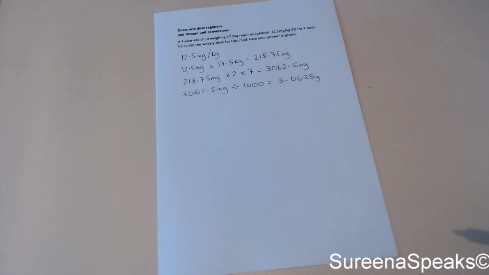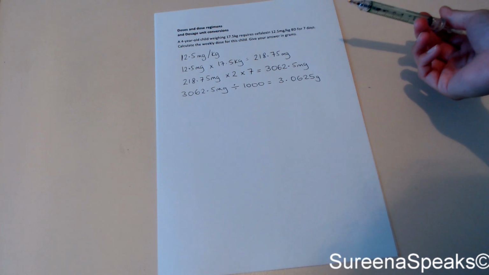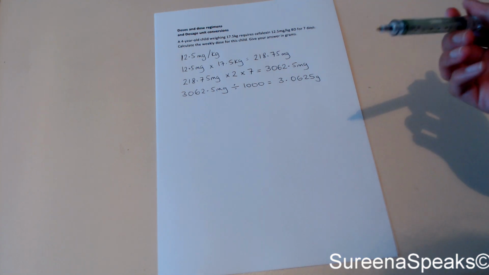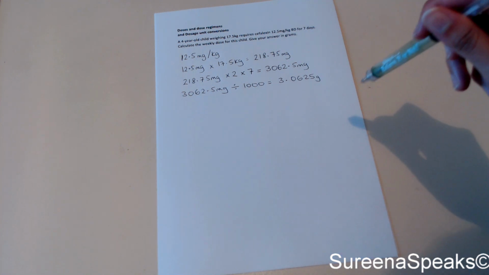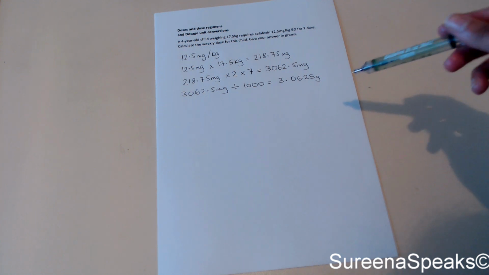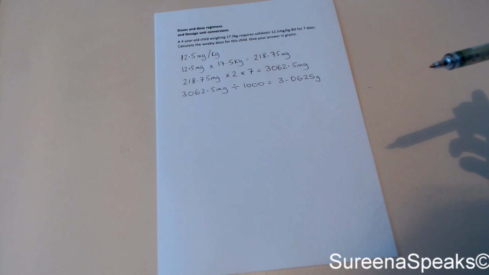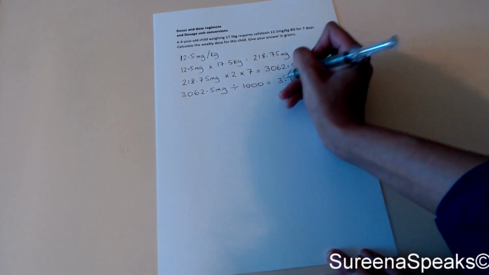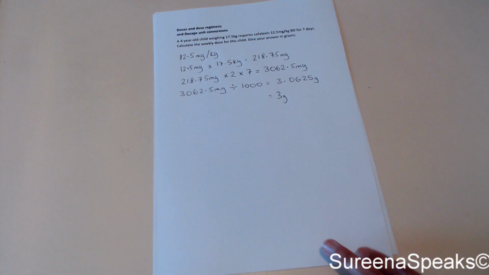Now again, that's not the end of the story, because in the exam for part 1, if it doesn't stipulate how many decimal points that it wants you to give the answer to, you have to round your answer to the nearest whole number. Again, don't lose out on little marks for not following simple instructions like that. That is written on the very front cover of the exam as well, so don't lose out on those crucial marks. So in this case, our answer is 3 grams.